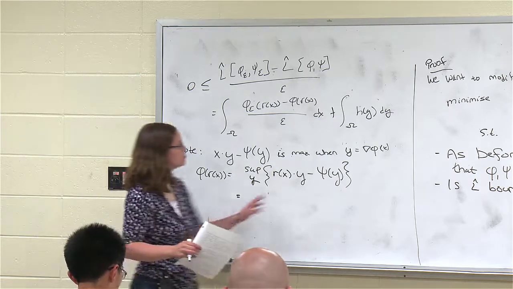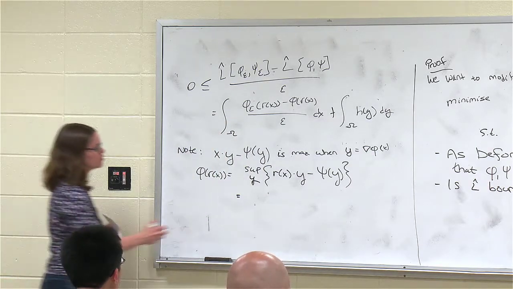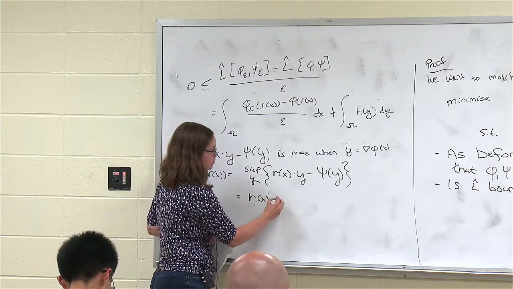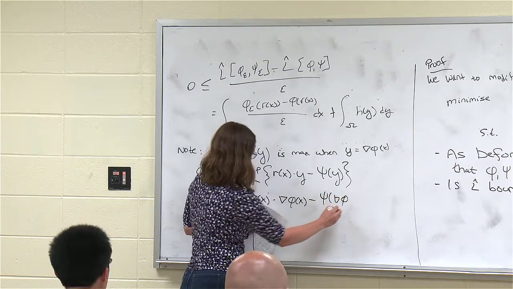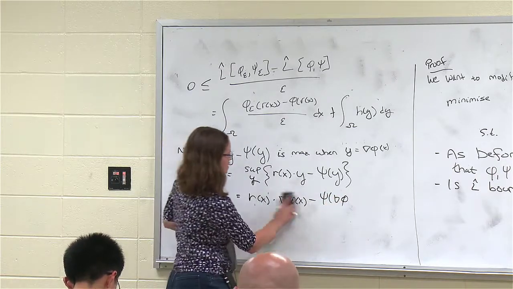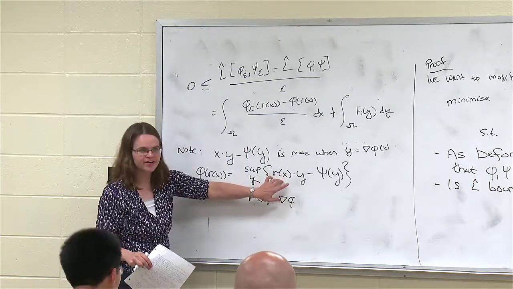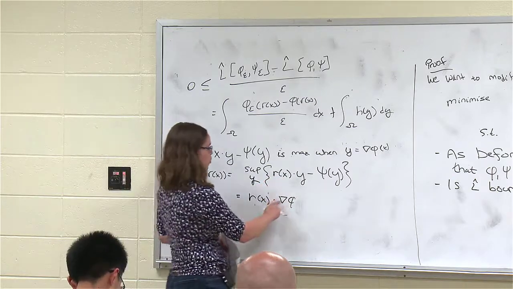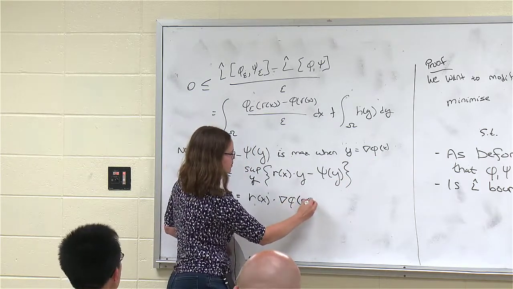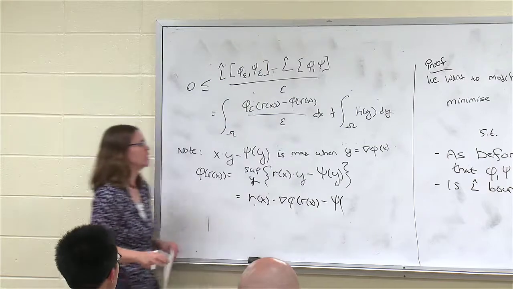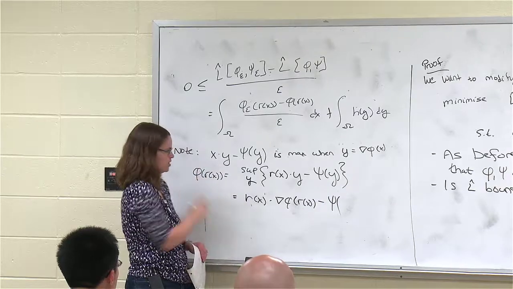We said this is maximized precisely when y is the gradient of phi. So this is going to be r of x dotted with the gradient of phi minus c of the gradient of phi. Sorry, I need to be careful here. I'm not working with x, I'm working with r of x. So y is equal to the gradient of phi evaluated now at r of x: gradient of phi of r of x minus c evaluated at y. Again, this was maximized when y was the gradient of phi, now evaluated at r of x.